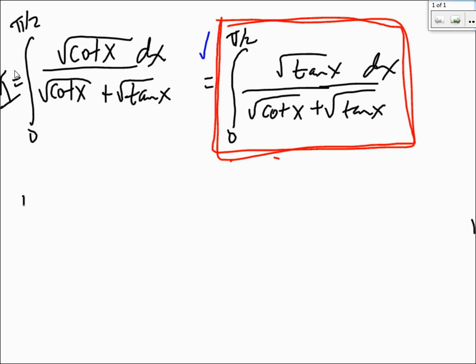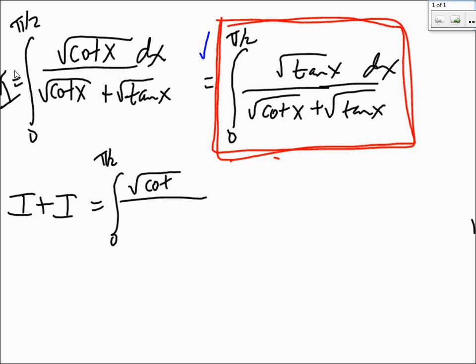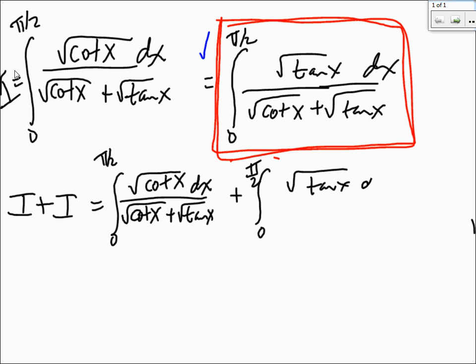So I'm going to add them together. I'm going to add I and I. That is the integral from 0 to pi over 2 of the square root of tangent x over the square root of cotangent x plus the square root of tangent x dx, plus the integral in red, or with the red box around it, the integral from 0 to pi over 2 of the square root of tangent x dx over the square root of cotangent x plus the square root of tangent x.